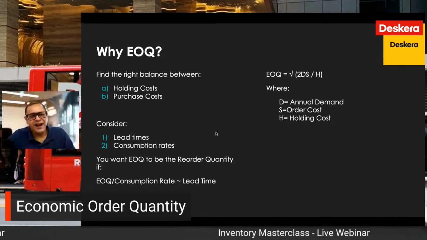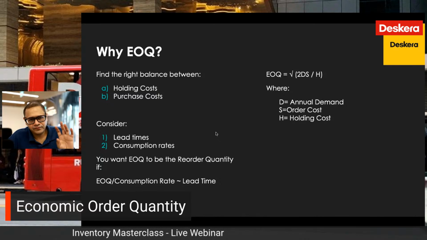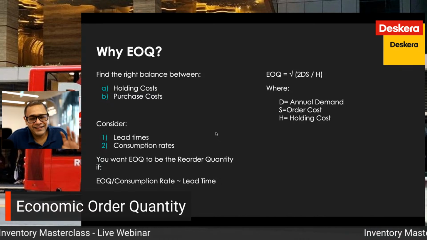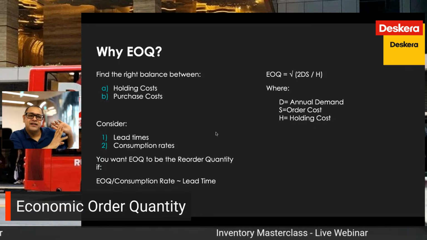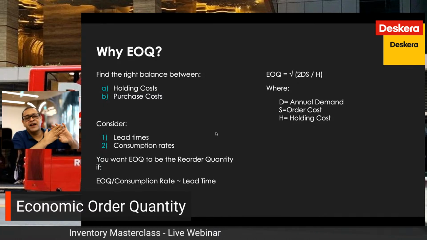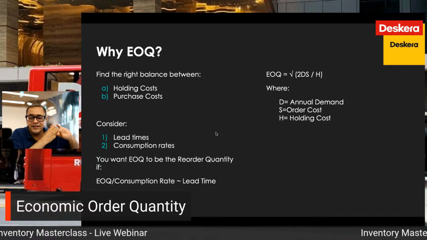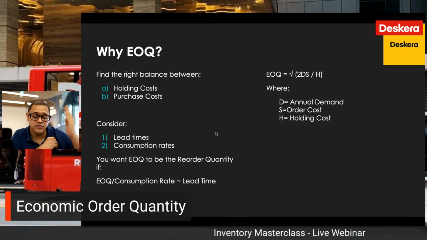Because if you do that, then you're automatically cutting down on a lot of extra costs that you might otherwise incur, and reducing the impact on increasing inventory costs because of holding and ordering and so on, which is one of the main reasons of increasing inventory costs and therefore reducing profits.